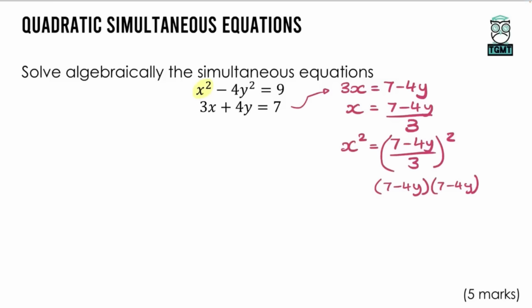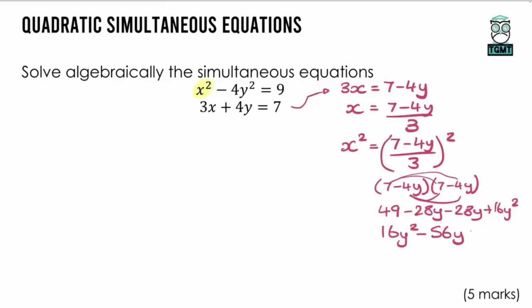So if we expand this double bracket, we have 7 times 7, which is 49, 7 times negative 4y, which is minus 28y, we get minus 28y again, and then plus 16y squared. Now if I just reorder that and write it into a normal quadratic format, we have 16y squared minus 56y plus 49. And there we go, there's our numerator.